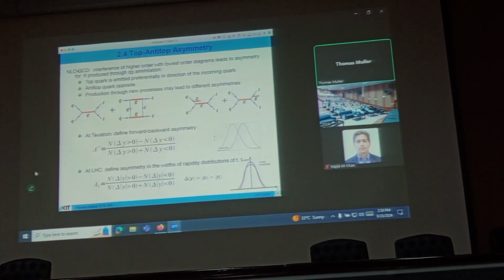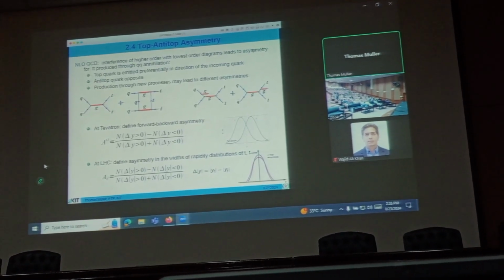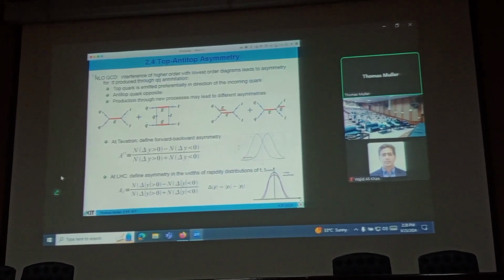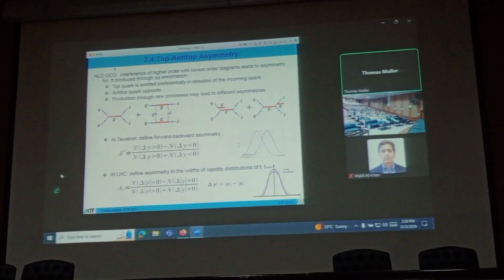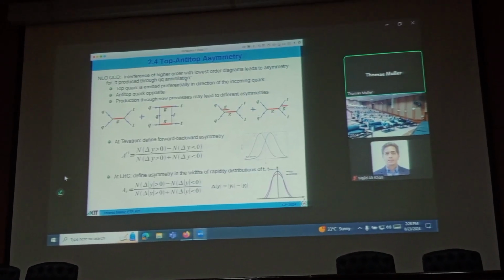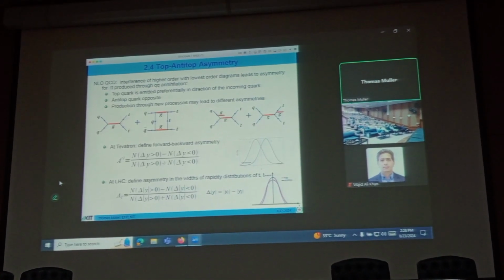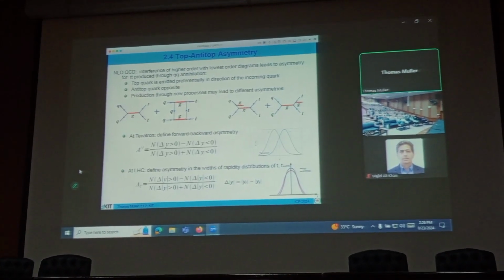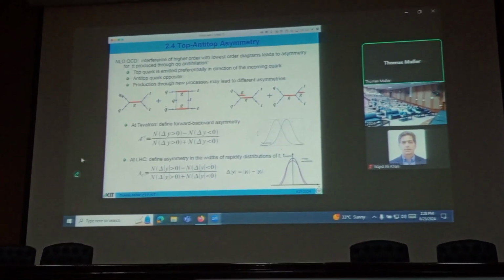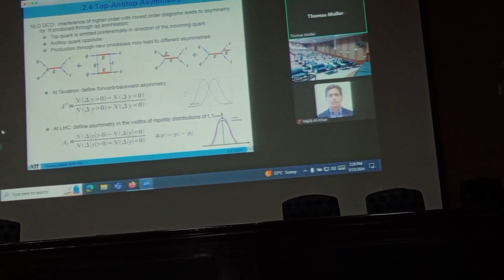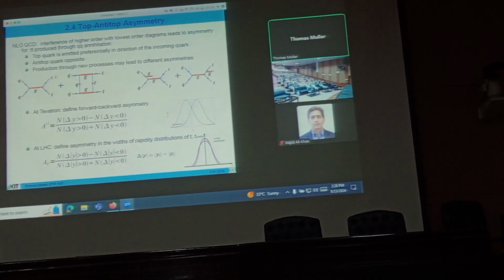But we now are still at the Tevatron, where you have quark, antiquark, so the quarks come dominantly from the proton, the antiquarks from the antiproton. So there is sort of already an asymmetry in which quark comes from where. Here we have the quark from the proton, here we have the antiquark from the antiproton. They produce the t t-bar pair.